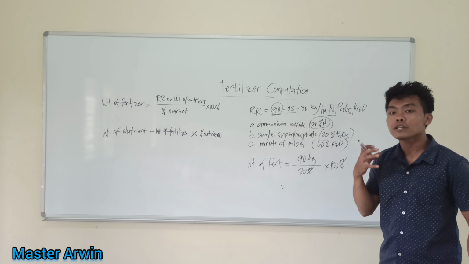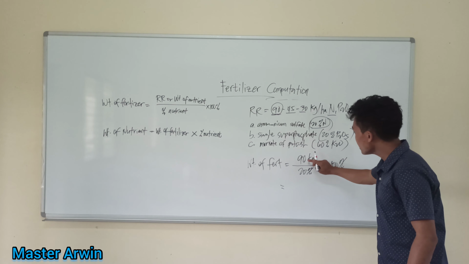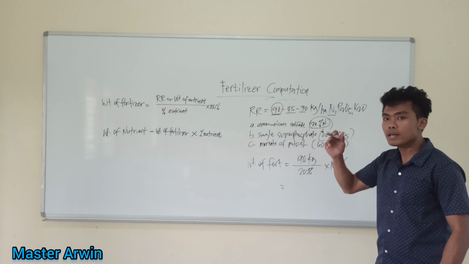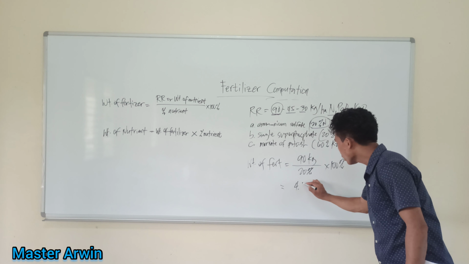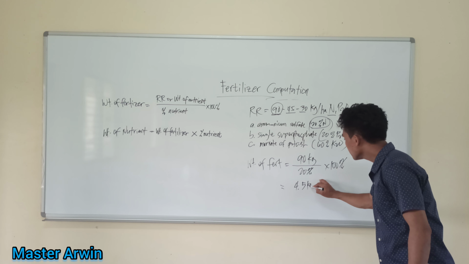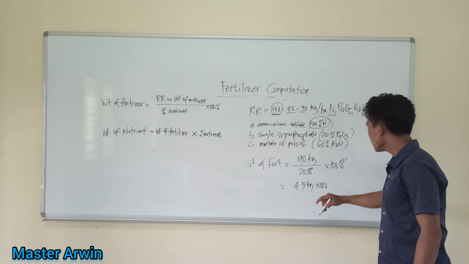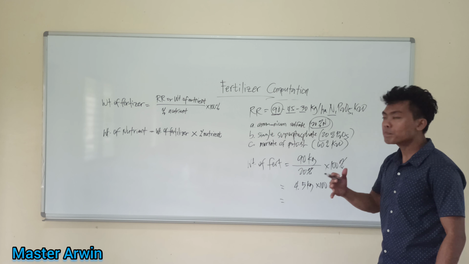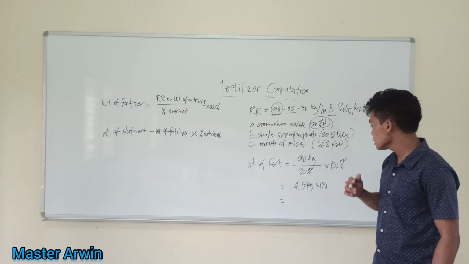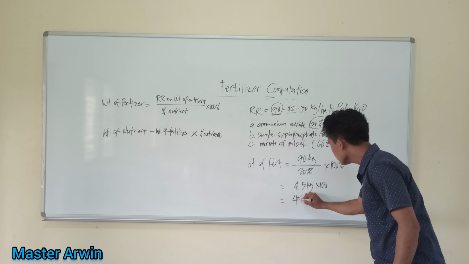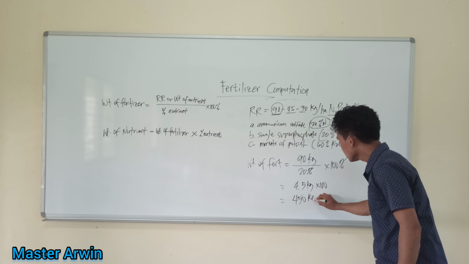Then you cancel percent and percent. So kilograms na lang yung matitira. So 90 divided by 20, that is 4.5 kilograms times 100. So 4.5 kilograms times 100, that would be 450 kilograms.